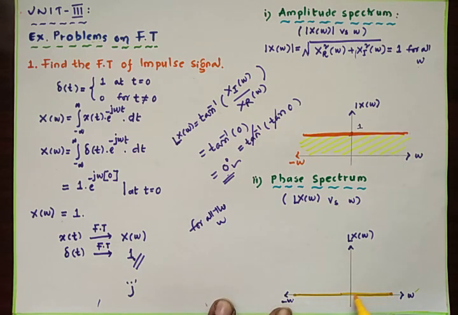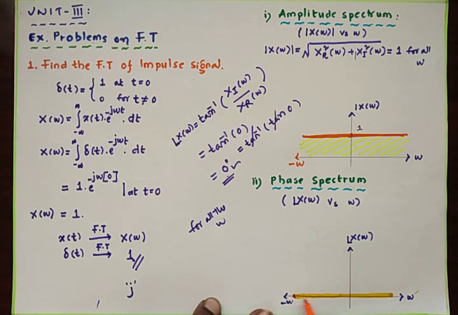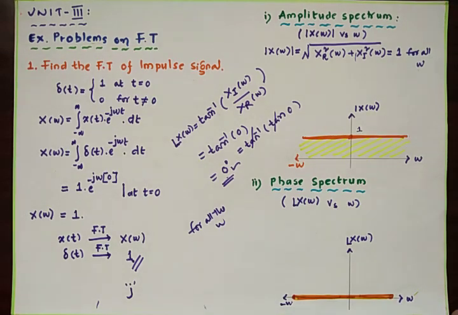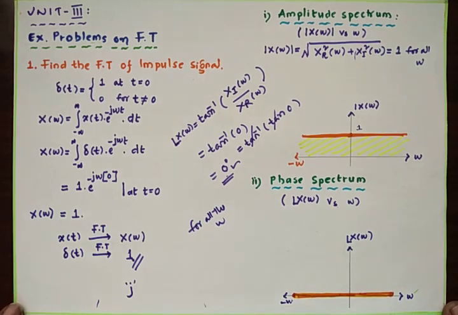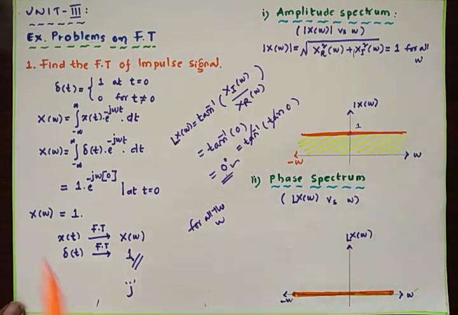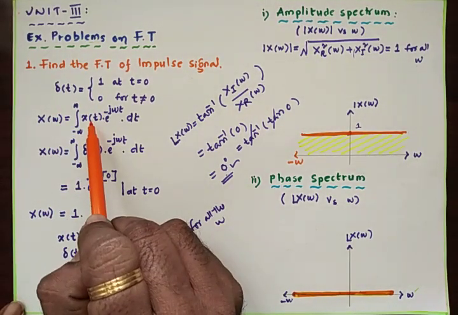So this line represents that the phase angle is 0. Whatever may be the values of omega, the phase angle is 0, so this plot is called a phase spectrum.